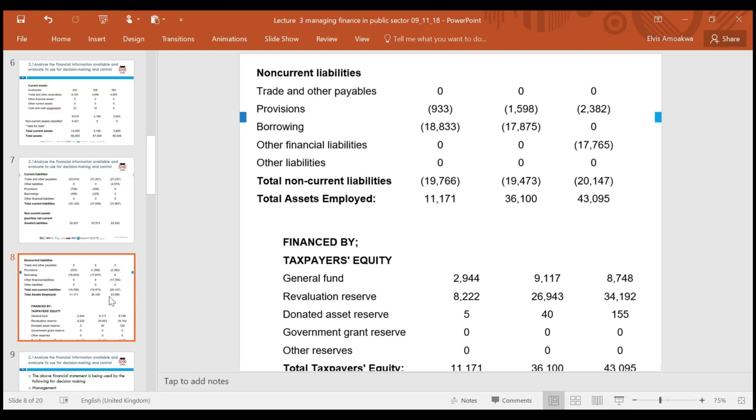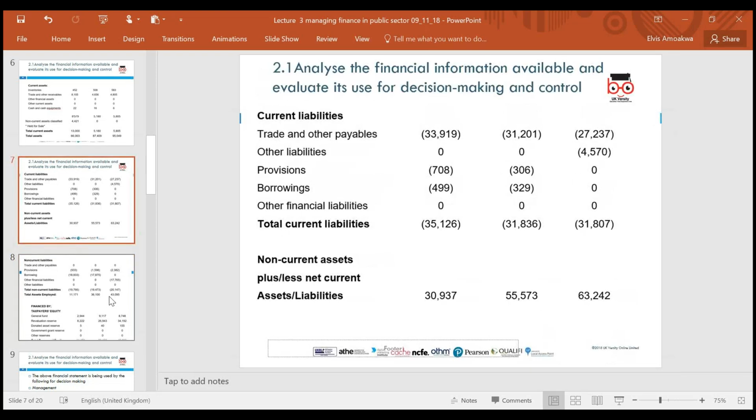Why are they non-current liabilities? These are non-current liabilities. What does that mean? Why aren't they current liabilities? Because if you're borrowing something, it's a current borrowing, isn't it? You haven't paid it off. Yeah. So look at the current liabilities, right?